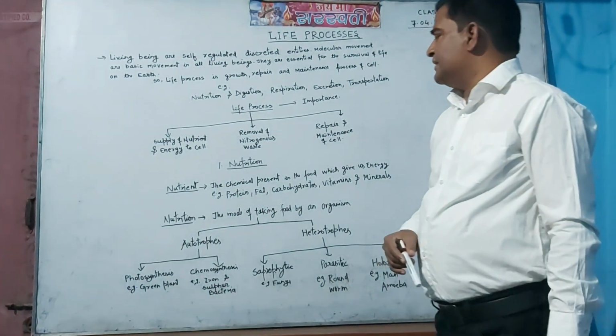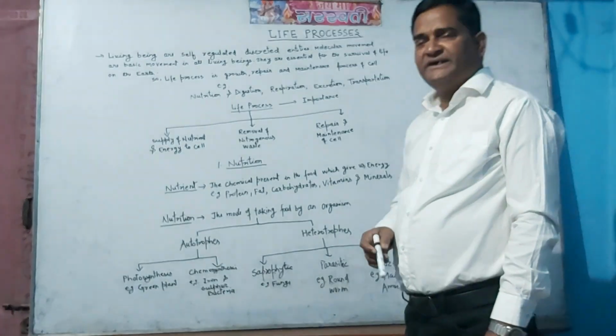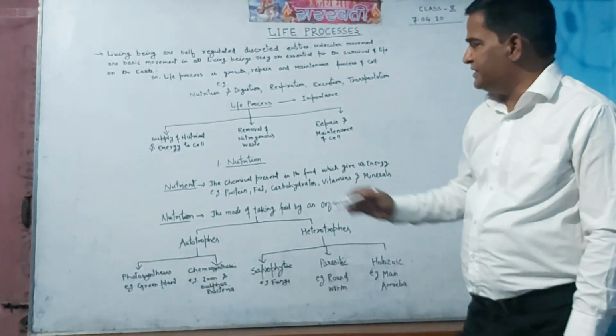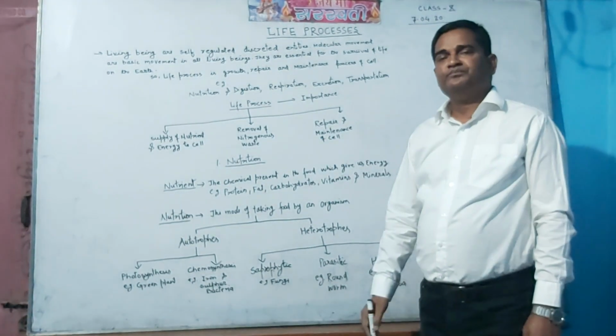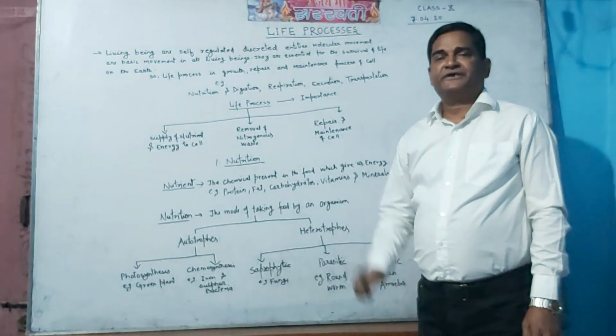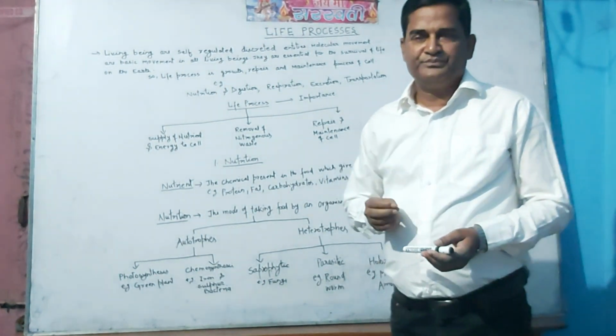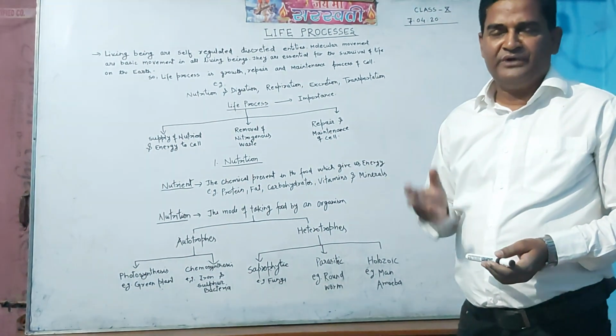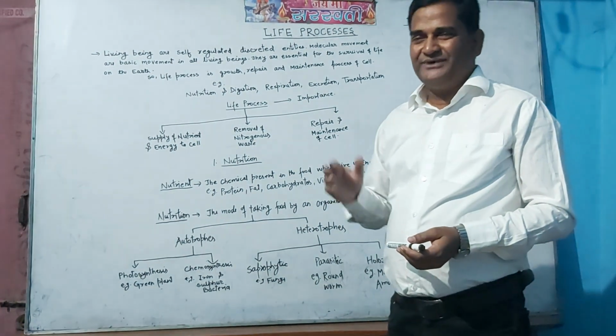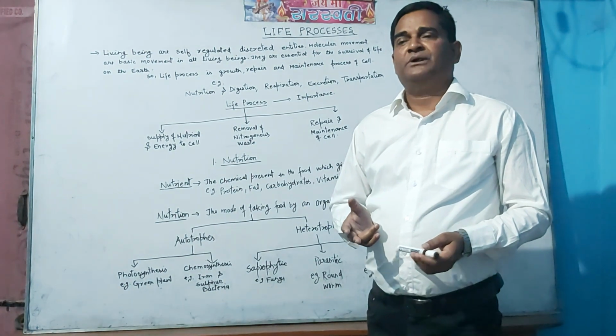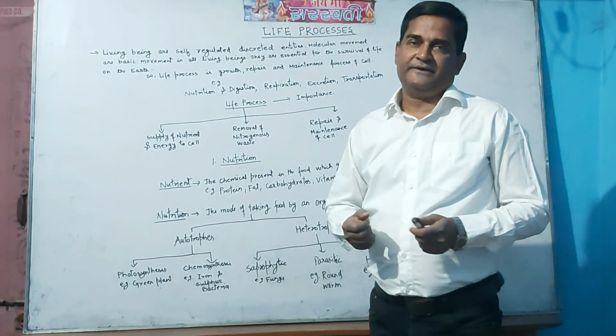Now, first of all, I would like to explain some important things, children, about nutrition. What is a nutrient? All the chemicals present in food, like protein, fat, carbohydrate, vitamins and minerals, are essential for our energy.